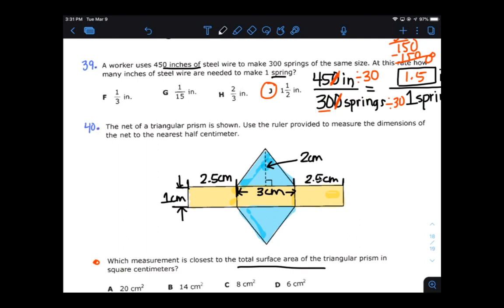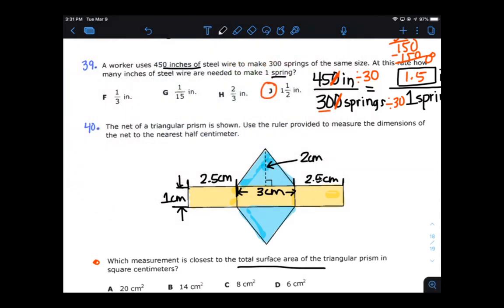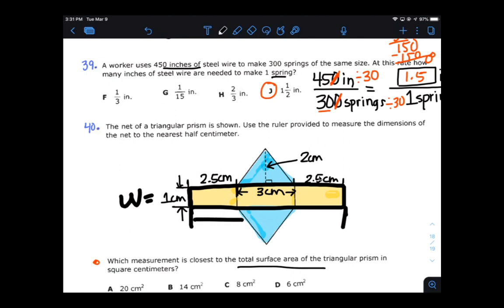The easiest thing to do will be to get the area of this large rectangle that I see here. I hope you can visualize it with me. Obviously I do see three little rectangles, but I see a large rectangle right there. I know it's 1 centimeter for the width, and the length is 2.5 and 2.5 is 5, and 3.